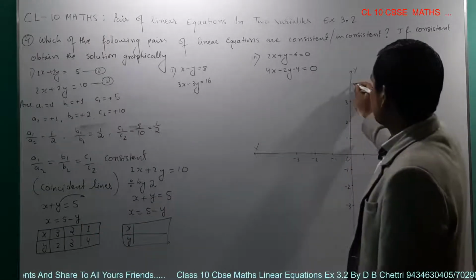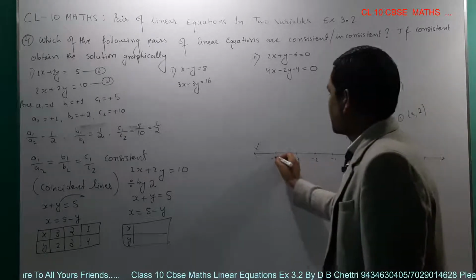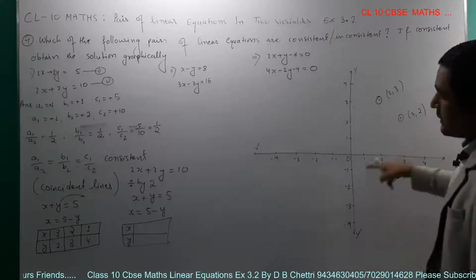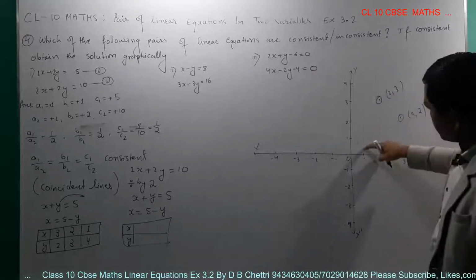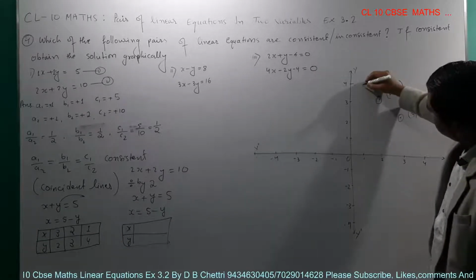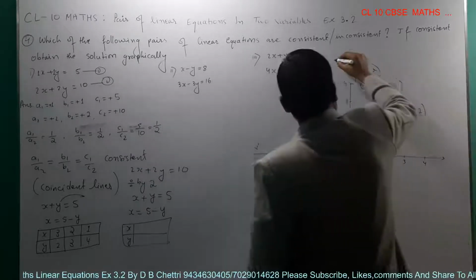That means mark up to 4. Then the last one, x 1, y 4 means here. Now draw the line.